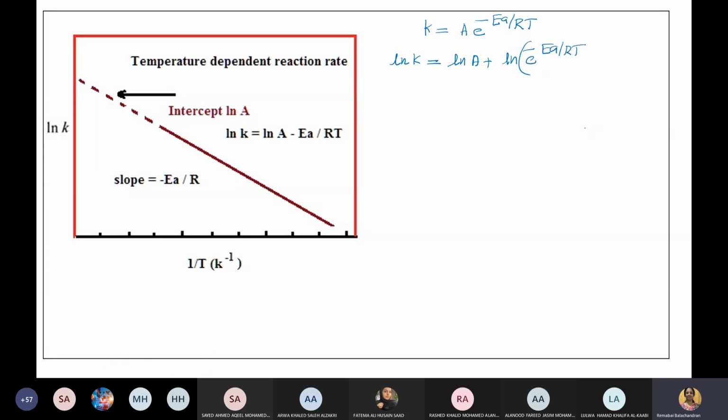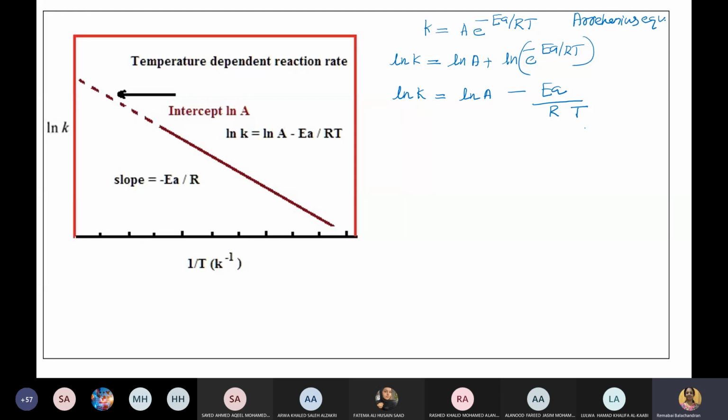You know this. Ln and e are reciprocal, so it gets cancelled. So what do you get? Ln K is equal to ln A minus EA by RT. Is it okay? This equation is called the Arrhenius equation.